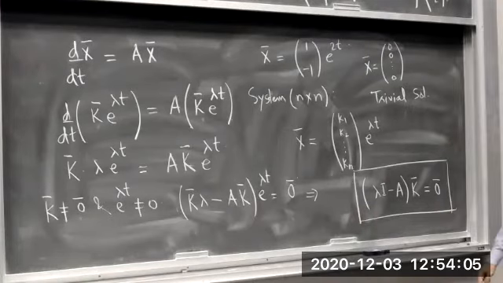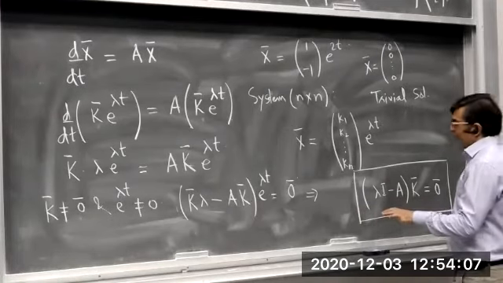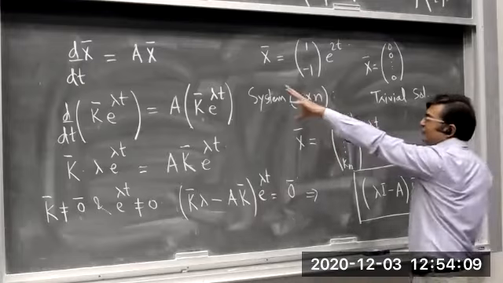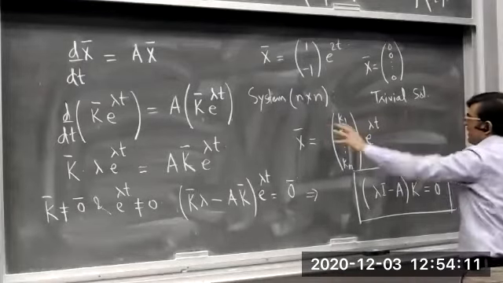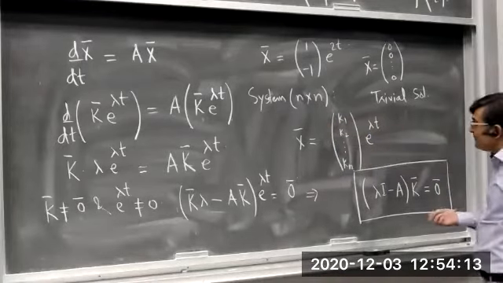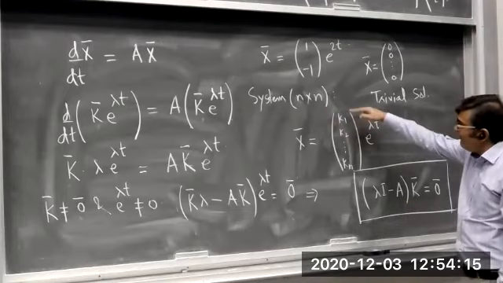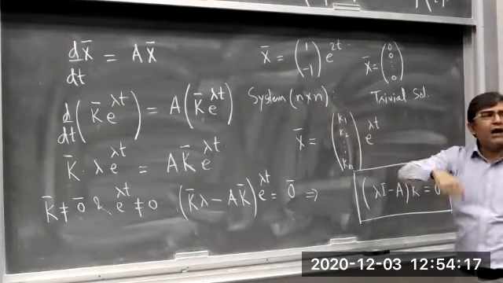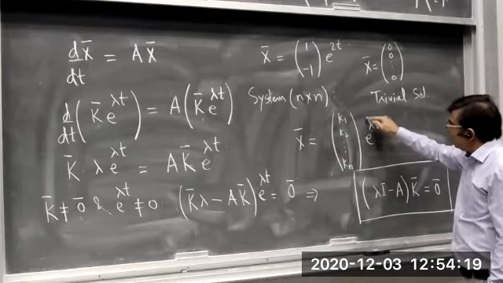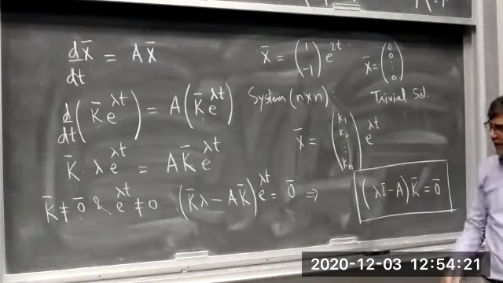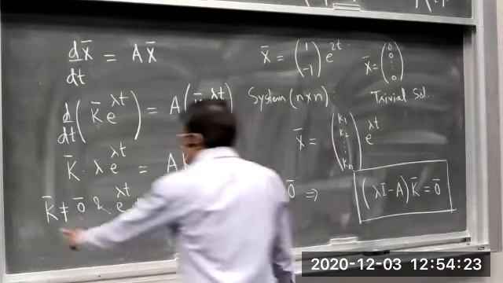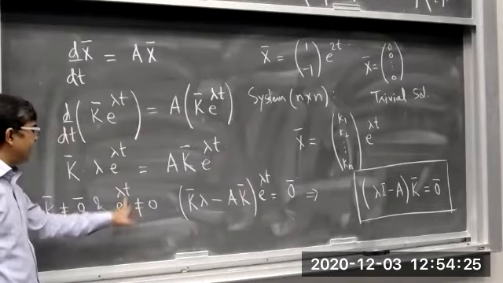Now, we can always assume that the solution of the first order system is of this form, where we have to find this k vector, which is unknown, and this lambda, which is also unknown. We assume that k is a non-zero vector and the exponential is always non-zero.